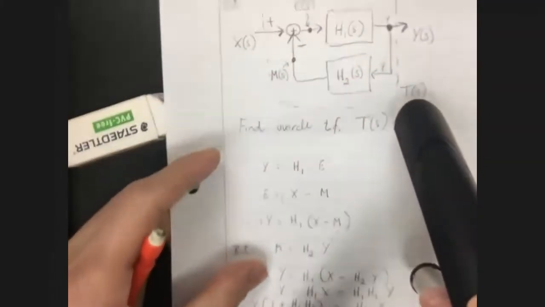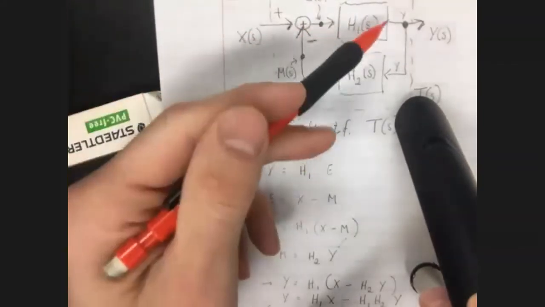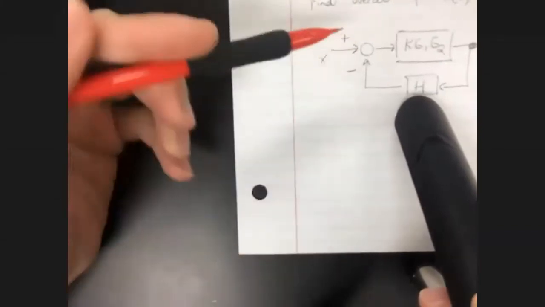Now, if we compare this one to the previous example, we'll see they are almost identical. If I look at this thing up here, I've got something in my direct path, one in my feedback path. Same here, I've got 1 block in this one and 1 block coming back.